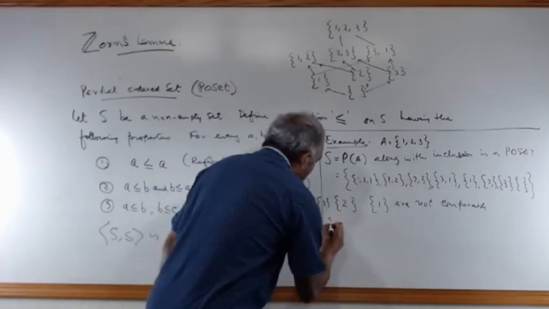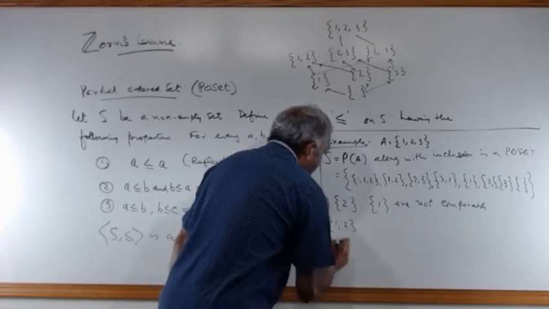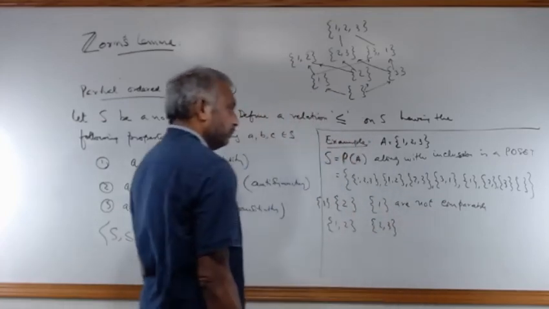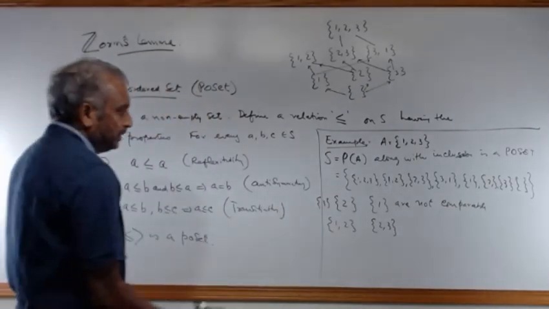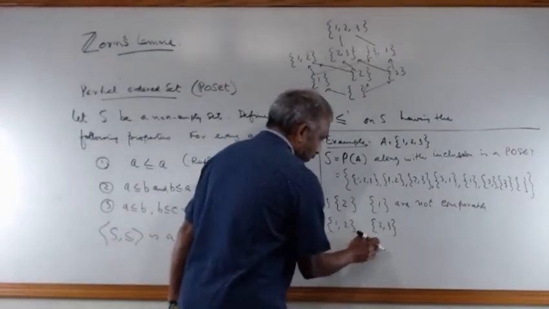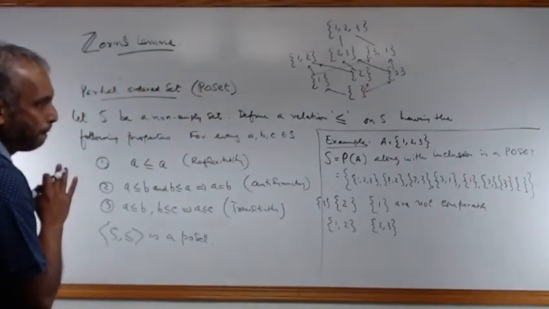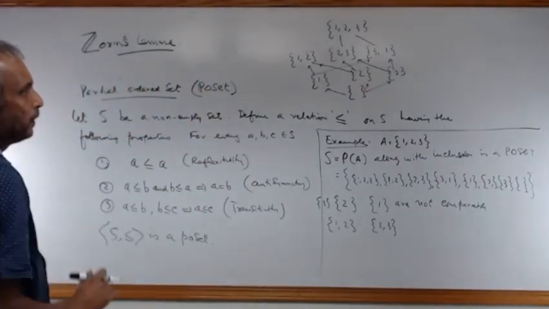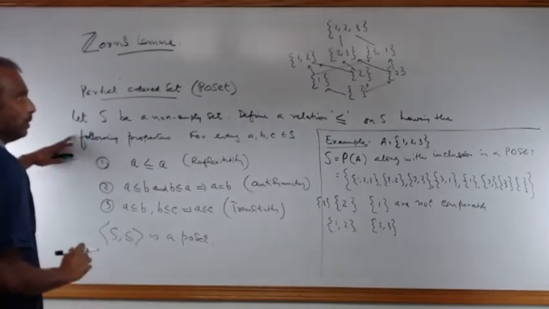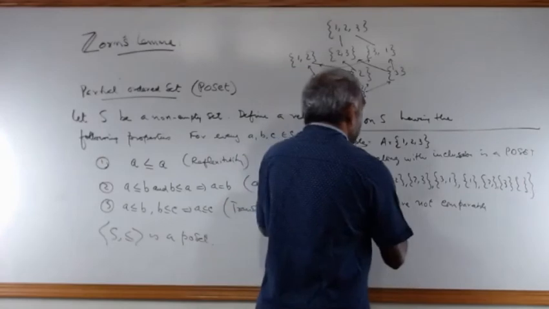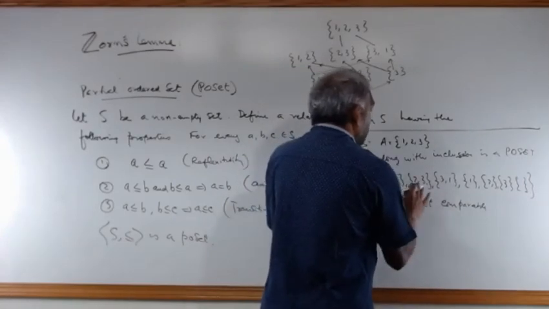Another example is {1,2} cannot be compared with {2,3}. There is no comparison because this is not included in this and this is not included in this. So that is why it is called partial order. If you take any two elements, there is a chance that those two elements cannot be compared.